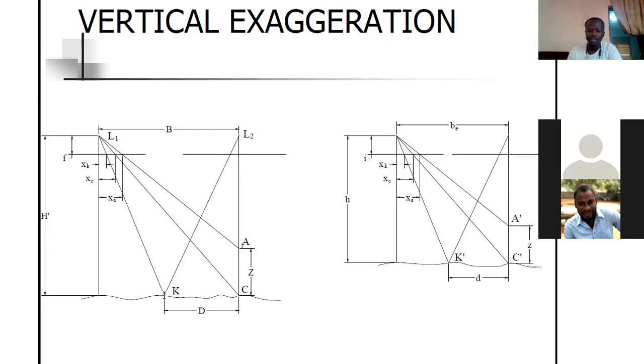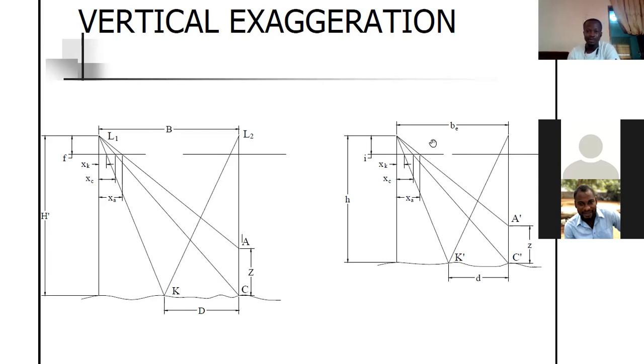Now, we can draw a similar diagram, and there are commonalities. One of them, the focal length is different for the camera, and it's different from the focal length of your eye. Air base, eye base.